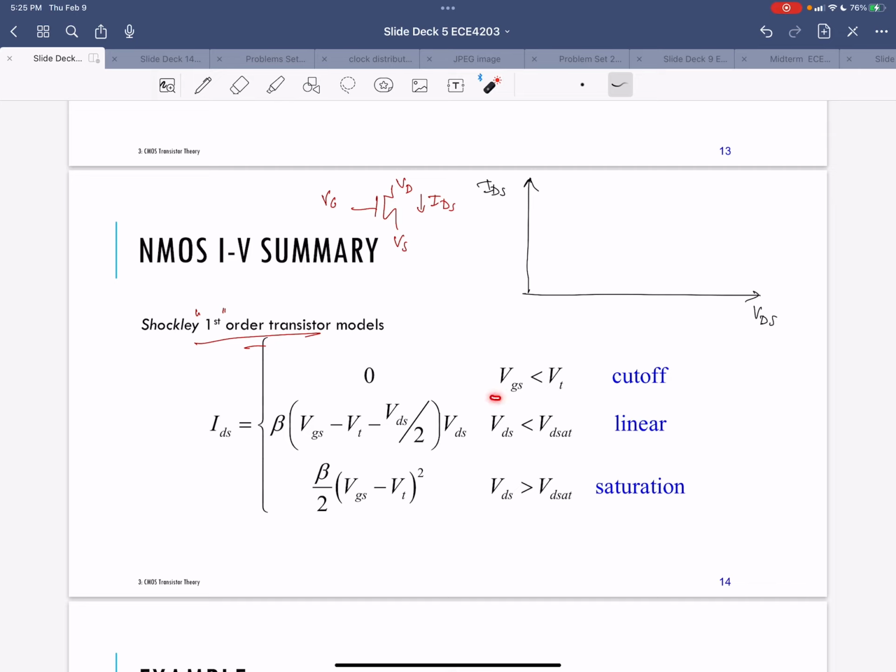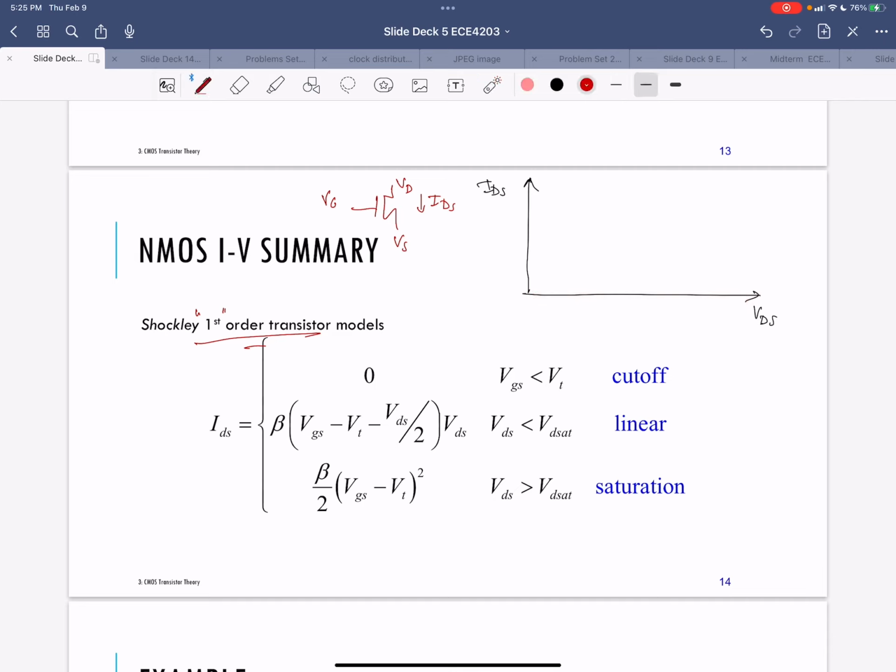When V gate source, that's the gate to source voltage, is less than the threshold voltage, we're in the cutoff region, so there's no current. It doesn't matter what VDS is, no matter what you do here, there's no IDS.